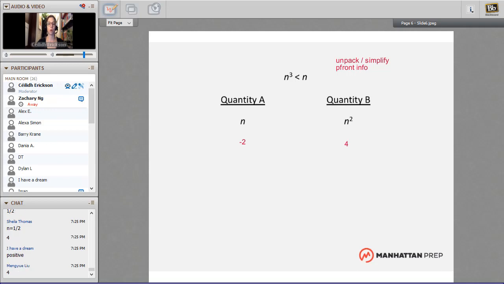We get +4, and so in that case, clearly quantity B is greater. And so looking at A, B, C, D, if we found an example where B was greater, we should eliminate A and C.